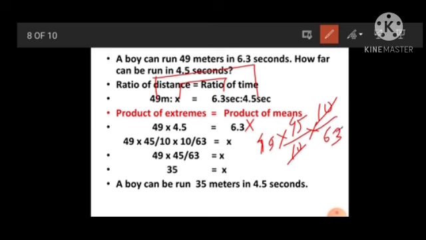Now 7 9s are 63, 7 7s are 49, 9 1s are 9, 9 5s are 45. So 7 5s are 35. So x is equal to 35. Now a boy can run 35 meters in 4.5 seconds.